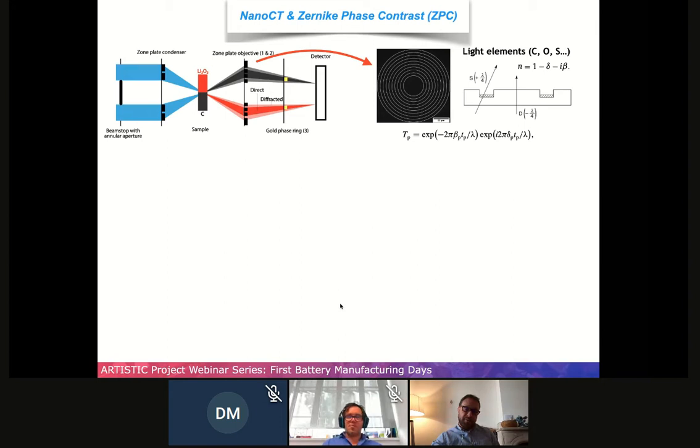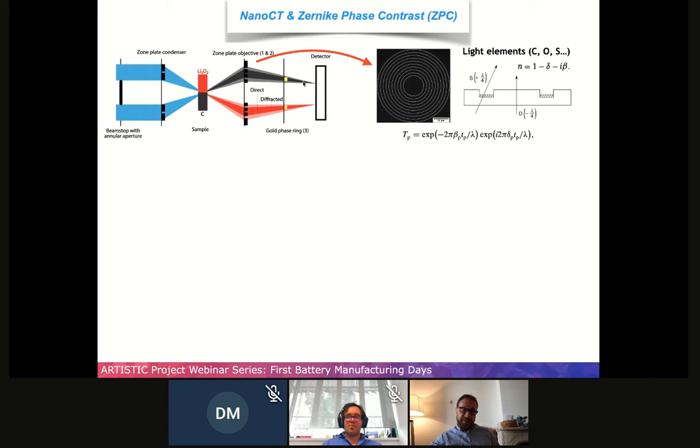And by using the phase of the waves, we can increase the contrast of the image just by inducing phase shifting. This phase shifting is induced by the phase plate. You can see here the sample. We convert the beam on the sample, a little bit shifted here, and then we can induce a shift of the phase after all.